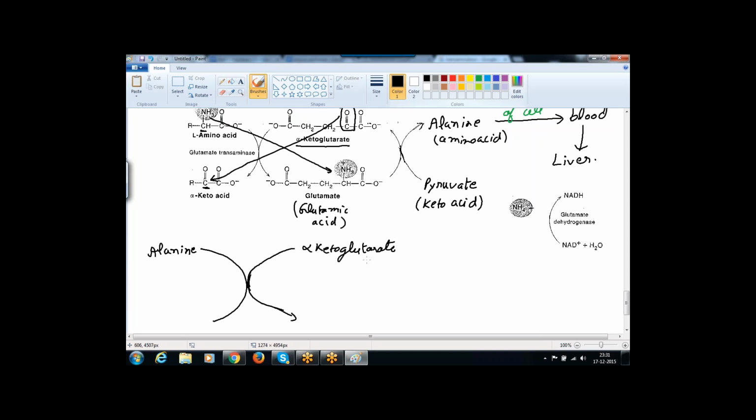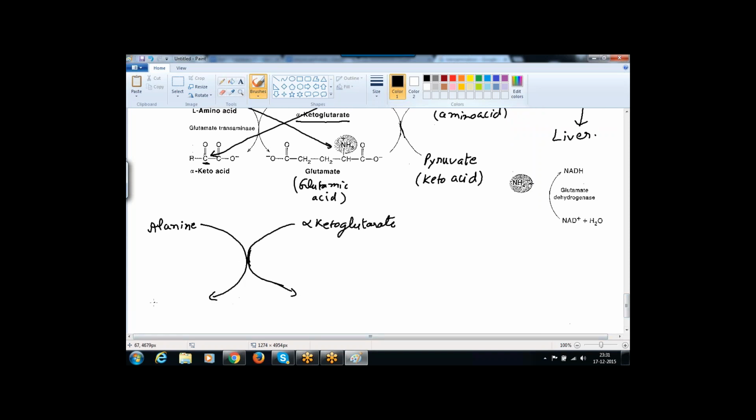Alpha ketoglutarate has got keto group, which will be given to alanine, making it pyruvate again. So alanine will become pyruvate after gaining the keto group. And the alpha ketoglutarate will become glutamate, the amino acid.